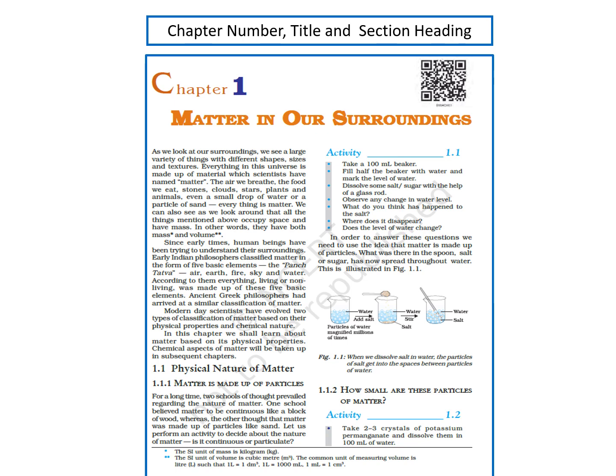Below we find 1.1.1. Matter is made up of particles. That means it is a subsection of main section 1. So the first digit indicates chapter number 1, the second one indicates section 1, and the third one the subsection 1.